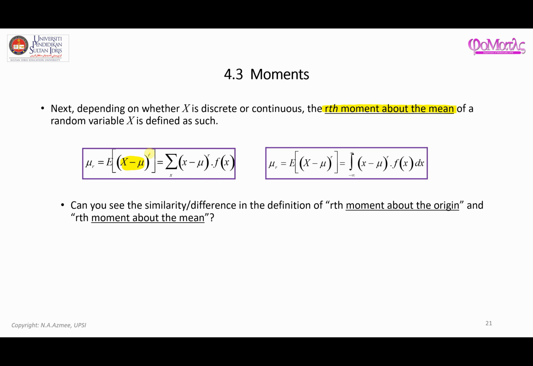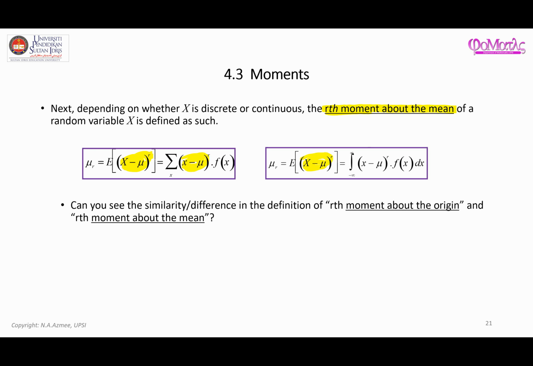Again, on the top part we have r to represent exactly which moment you are talking about. Similar to the idea you have seen in finding the expected value of something, we take this whole thing and plug it in right next to f(x). So this is the rth moment about the mean.